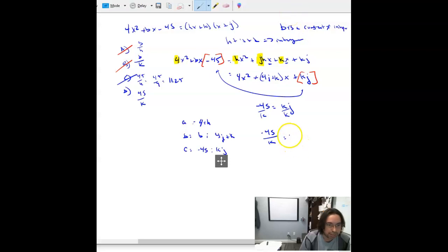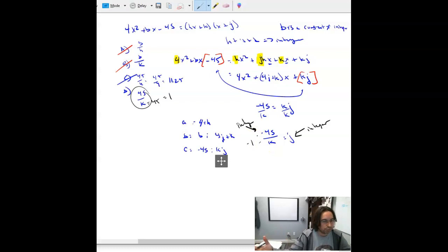So if j is an integer, then this has to be an integer as well. Whether it's -45 over k or 45 over k, it still has to yield an integer. So say k is 45. Well, that would give me -1, or if this was 45, that would give me 1, or this would give me -1. They're both still integers, so therefore D is the answer choice we're looking for on this one.